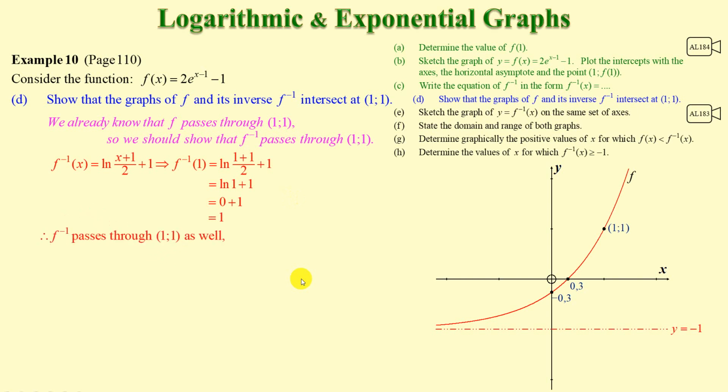And then we make the statement that f minus 1 passes through it as well. Of course, that means that f and f minus 1 intersect at (1, 1).